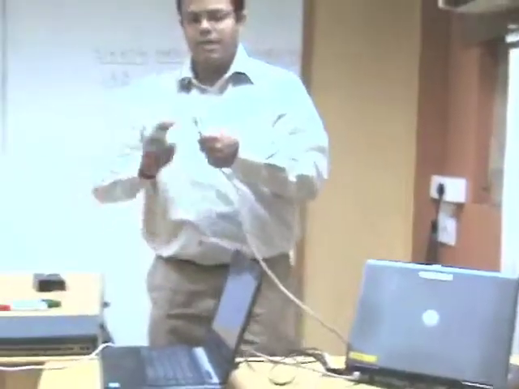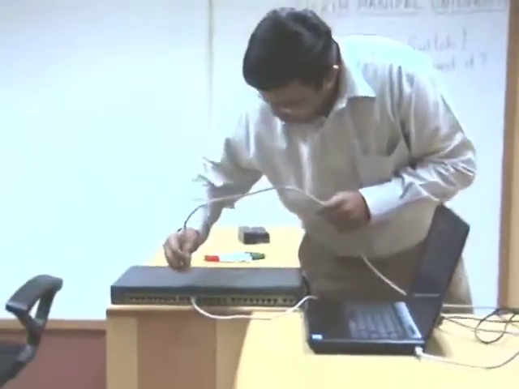I'm taking the other end of this cable. And once again, I have a choice here, where I can connect to any of the ports. There you go. So once again, please observe what happens on the LED on top of this port.